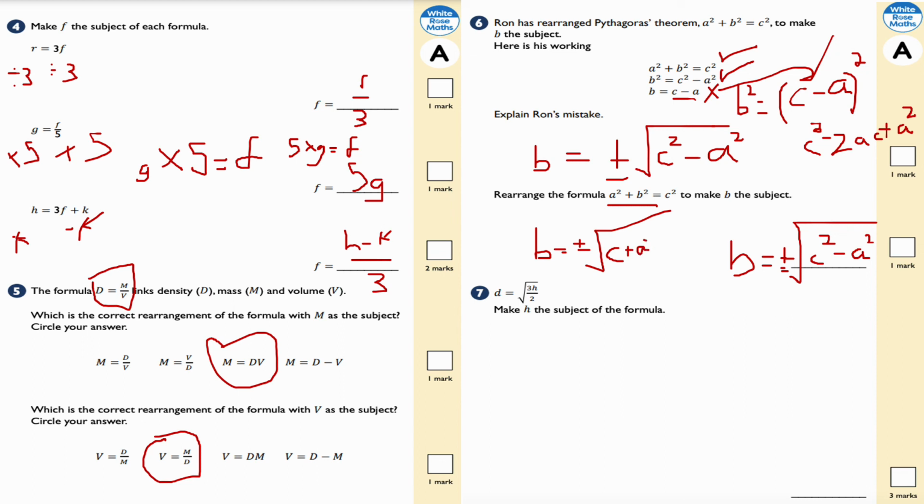Those of you that want to write it in a simpler way, c minus a. So plus and minus the square root of c plus a times c minus a, because it's the difference of two squares there. There should be a bracket there.